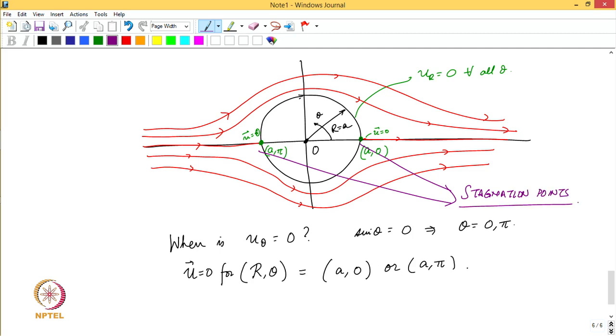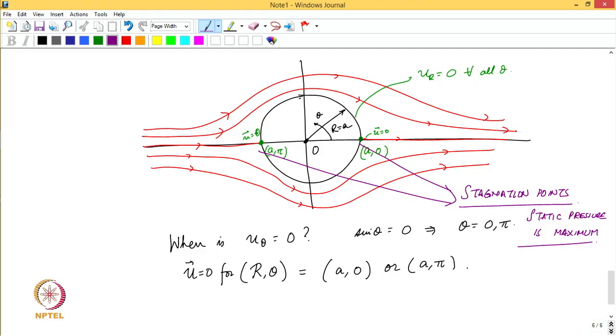These are stagnation points of this flow. Stagnation points are those where the static pressure is maximum. In this case, the static pressure would be the same at both of these 2 points, and that is the reason again why the cylinder does not feel any force along the horizontal direction.